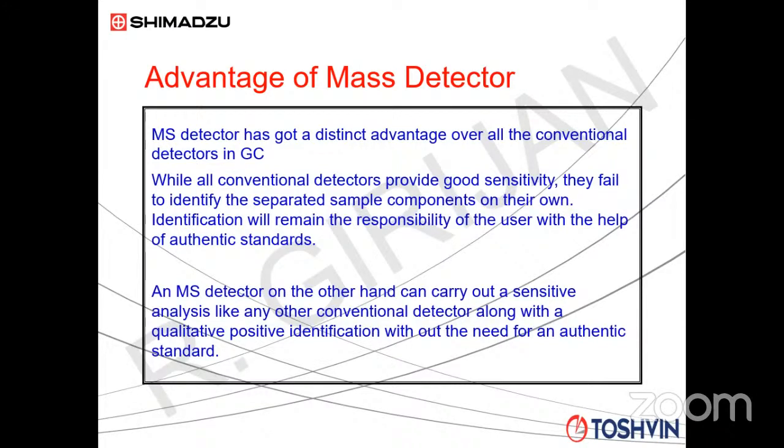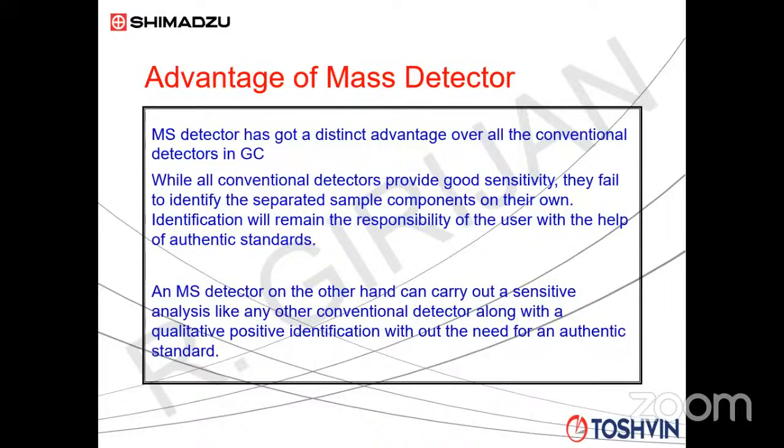I'll give an example because once we separated a perfumery compound which contained about 180 compounds. We got 180 peaks at the baseline when we injected a very small quantity of a perfume in a high resolution capillary column. So that means that perfume is a combination of 180 different chemicals.